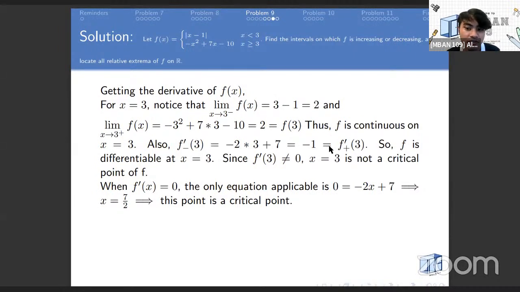So, ito siya sa negative 1. So, f is differentiable at x equals 3. Since f prime of 3 is not equal to 0, x equals 3 is not a critical point of f. When f prime of x is equal to 0, the only equation applicable is 0 is equal to negative 2x plus 7, which is dapat x is equal to 7 halves. So, x equals 7 halves is isa siyang critical point.